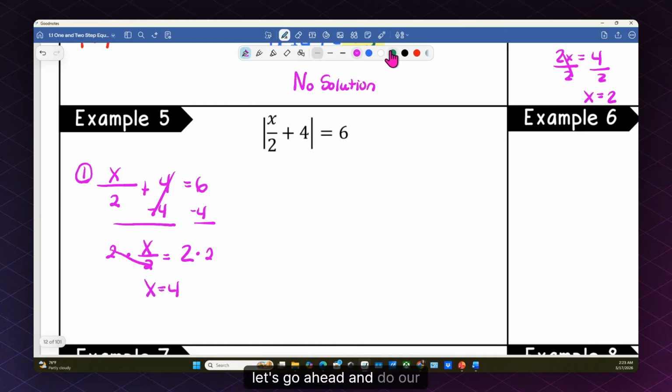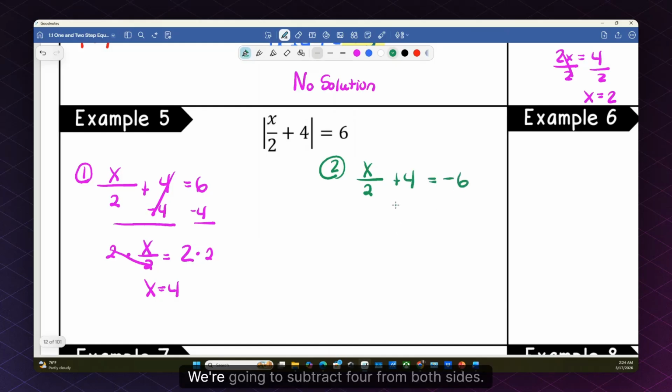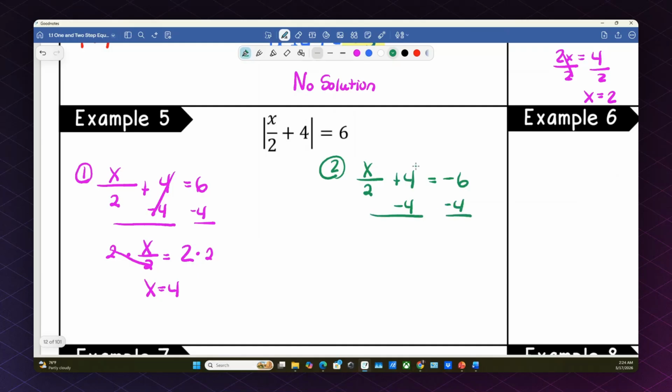Well, let's go ahead and do our negative version. So we got x divided by 2 plus 4 equals negative 6. We're going to subtract 4 from both sides. That cancels. We get x divided by 2 equals negative 10.